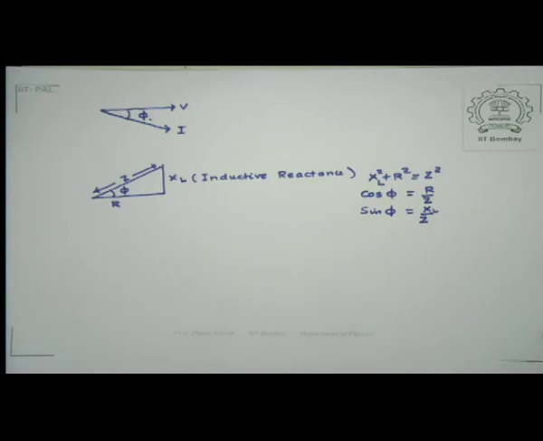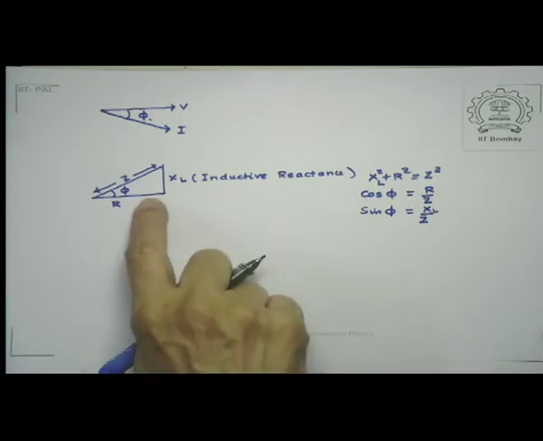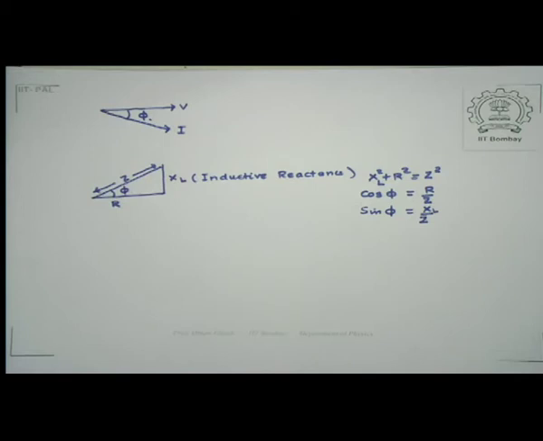Now what we'll do is to convert this into a power triangle, and this is simply done by observing that if I multiply all sides of this triangle by I square, then I square R represents the true power.